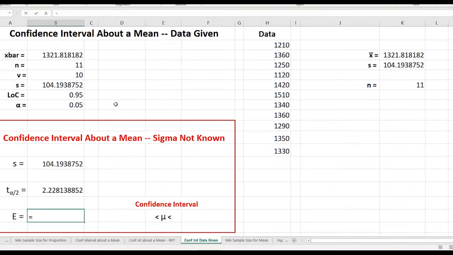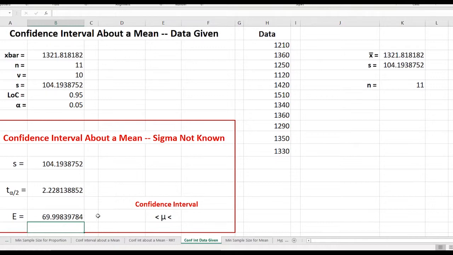It equals my t sub alpha over 2 times my s divided by the square root of whatever n is, and close my parenthesis there and press enter. So I get 69.9998.